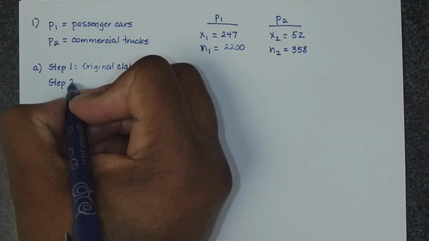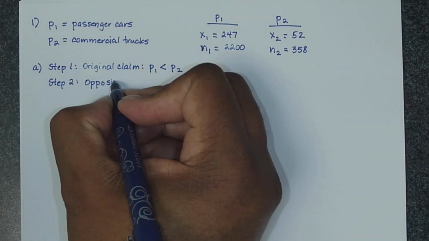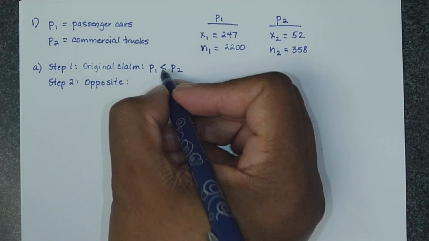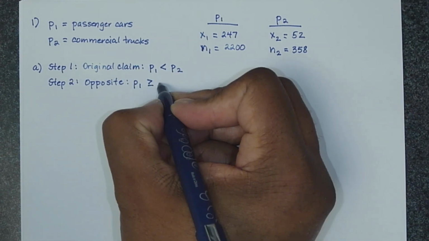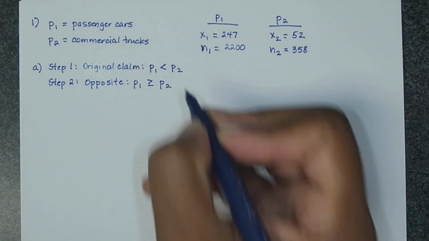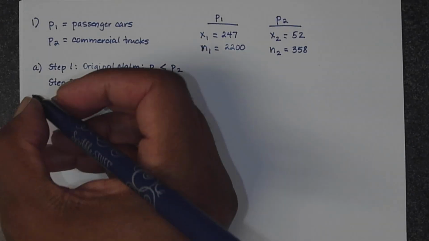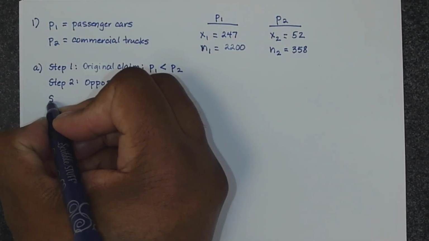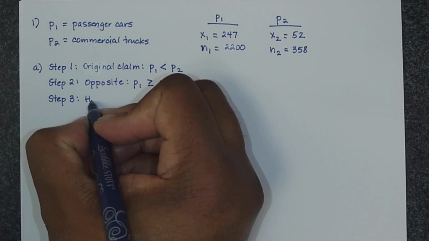Step number 2 is the opposite of the original claim. Well, the opposite of less than will have to be greater than or equal to. So P1 is greater than or equal to P2. Okay. And then from step number 3, using those 2 steps, I can write my null and alternative hypothesis.